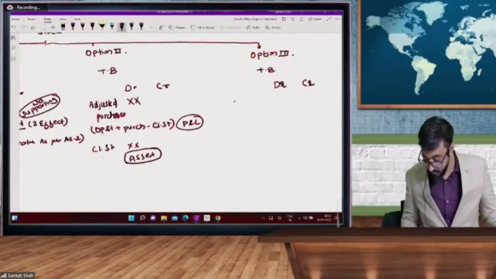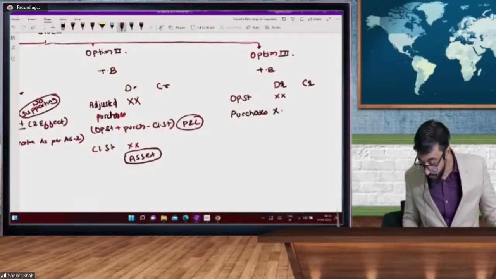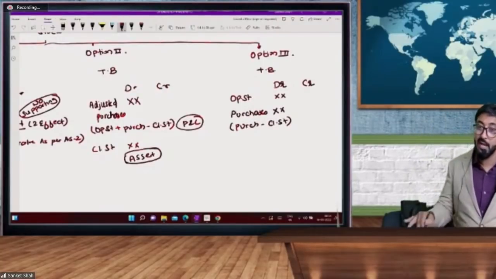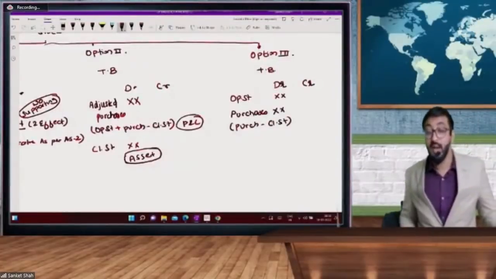Here you have opening stock, then you have purchases, but this purchases means purchases minus closing stock. Sir, now how to identify? Beta, that's why I have given you these types of trial balance. Now only purchases is not there; this purchases is after closing stock.